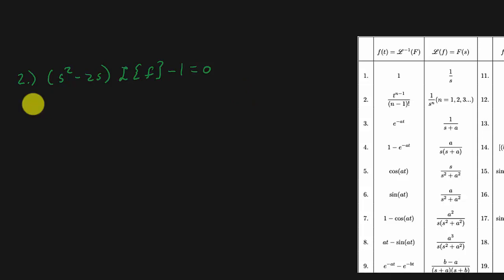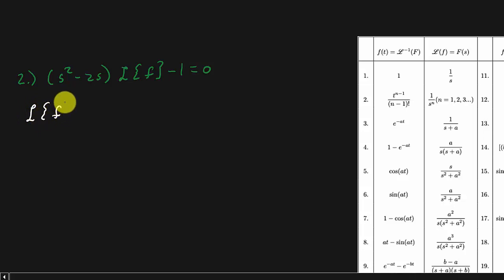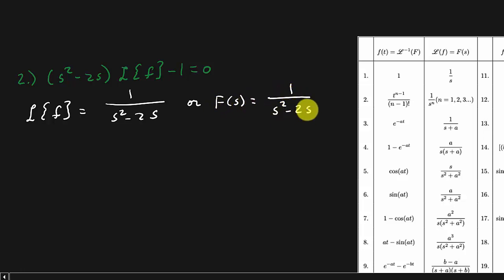So for this one, we've got the Laplace transform of f is equal to 1 over s squared minus 2s. You just have to solve for it. So what this means is that we can write capital F of s is equal to 1 over s squared minus 2s. All right. Now let's see what we can do here.